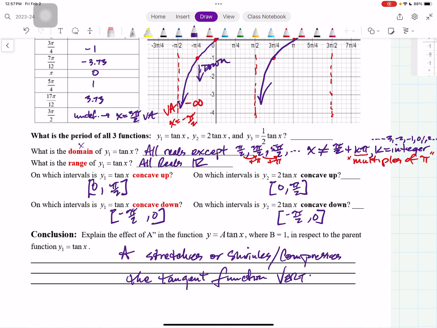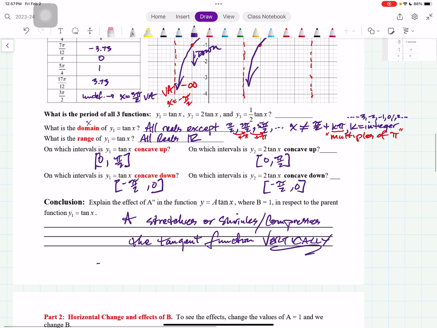Vertically is the key word. Okay, it does not affect the period.